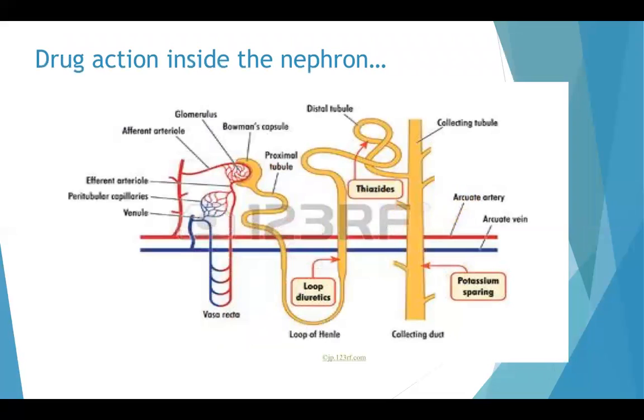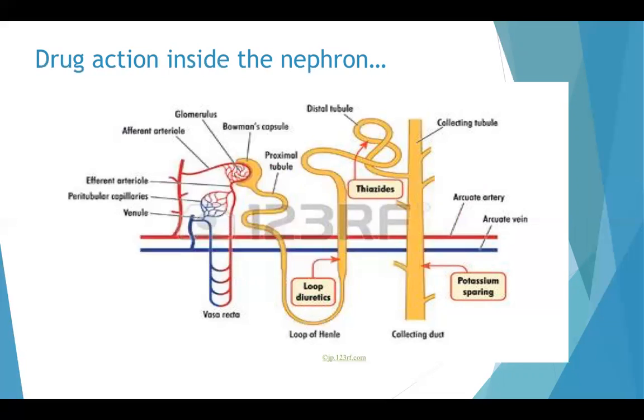Here is a bigger picture of the nephron. And again, you see the red and the blue arteries and veins. You see the efferent and afferent arterioles. You see the glomerulus and Bowman's capsule, and the path of the urine through the proximal tubule, through the loop of Henle, up to the distal tubule, and into the collecting tubule.